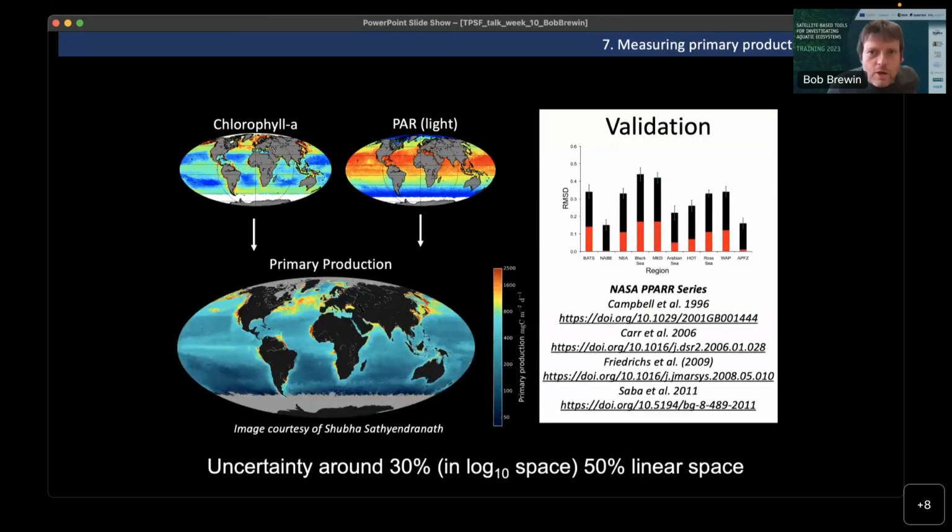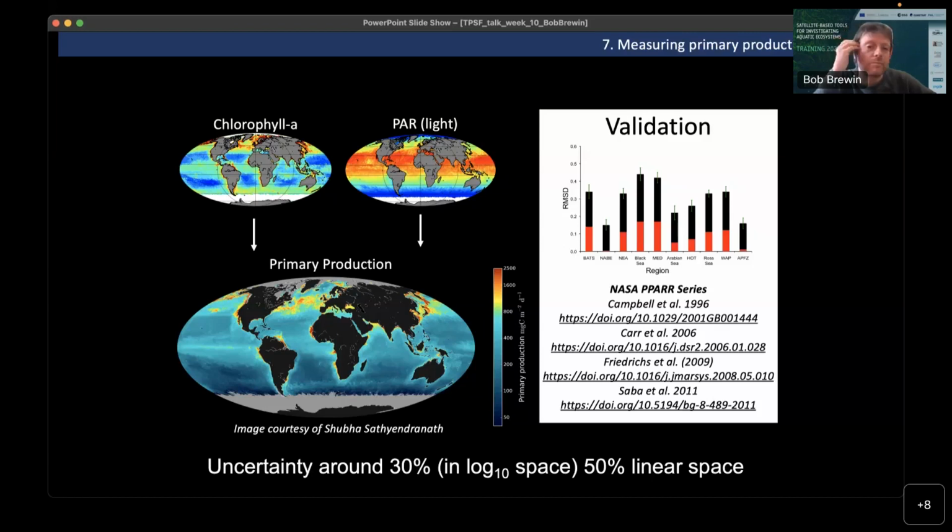Okay, so in terms of validation, one of the critical things with all satellite products is we need to have good in situ data sets on primary production to evaluate and validate our satellite observations. There was a lot of effort by NASA in the mid-90s through to, I think, 2011, where they ran a series of primary production round robins.